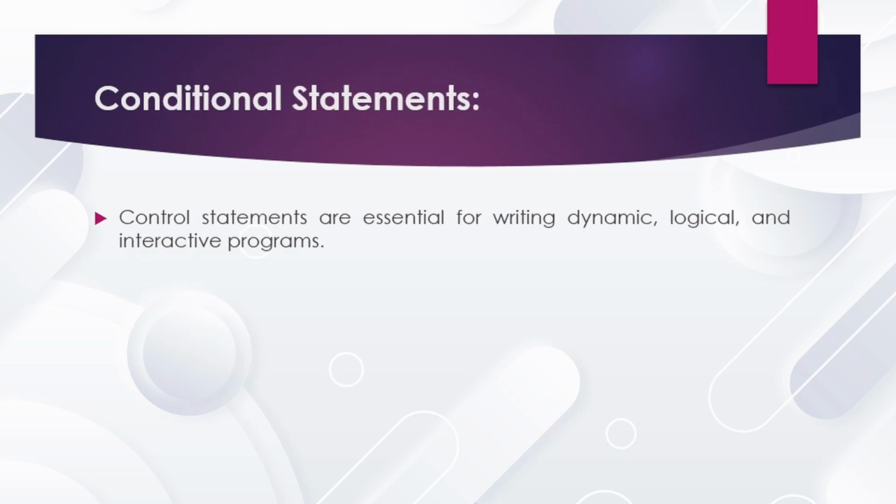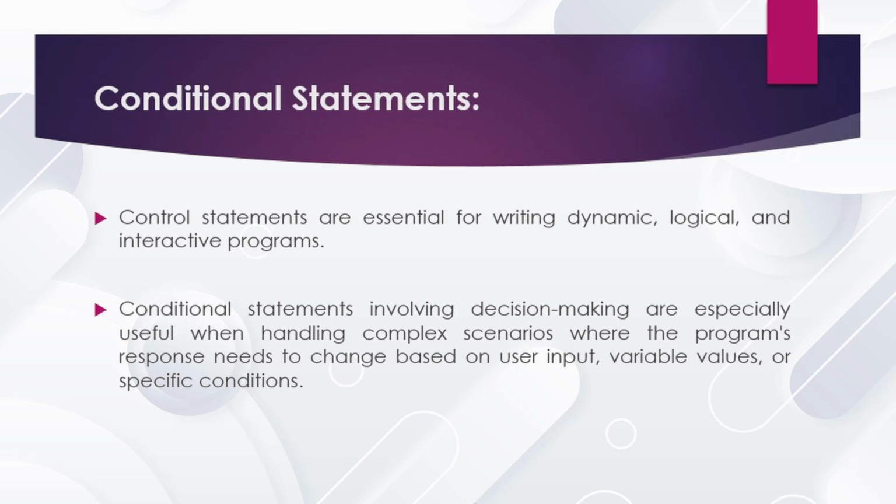Control statements are essential for writing dynamic, logical, and interactive programs. Conditional statements involving decision making are especially useful when handling complex scenarios where the program's response needs to change based on user input, variables values, or specific conditions.